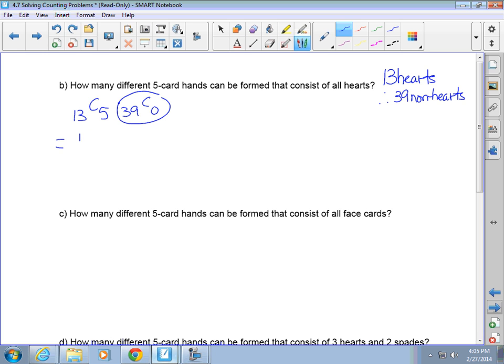So this is 13 factorial over 5 factorial times 8 factorial, so that's my 13 minus 5. That's how I got that. Times 1 is 1,287 5-card hands that could be all hearts.